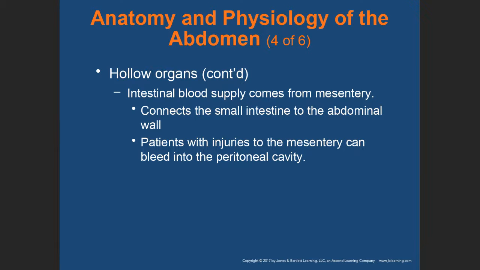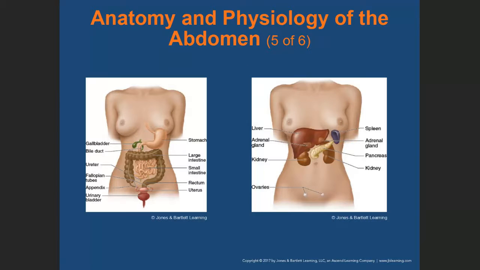Bleeding will occur more from the solid organs and the blood vessels. The irritation will occur more from hollow organs rupturing. Ensure that you know the difference between your solid and hollow organs.